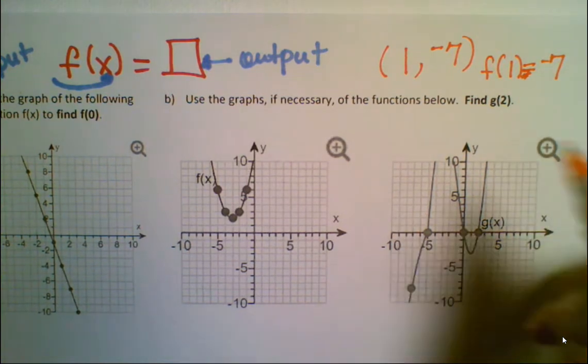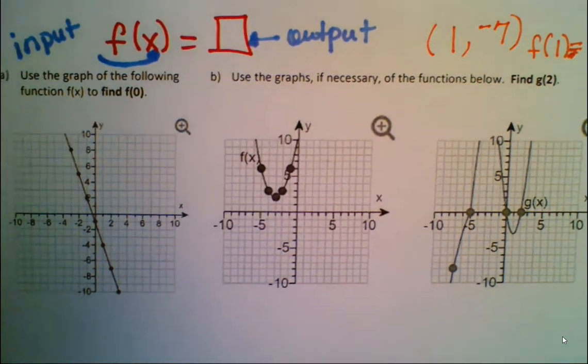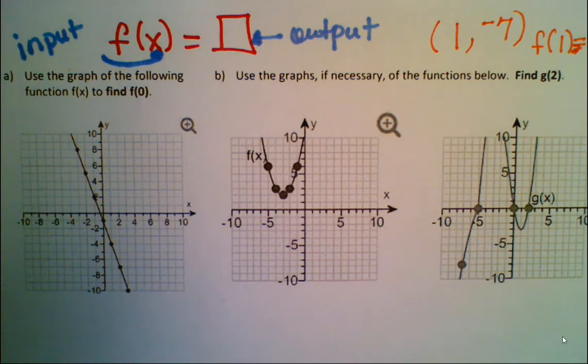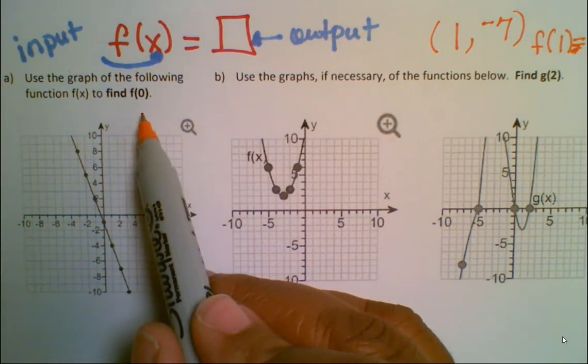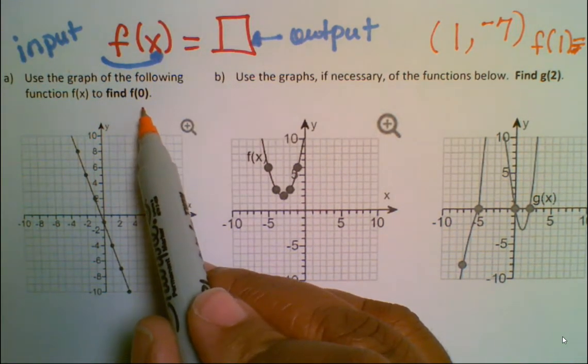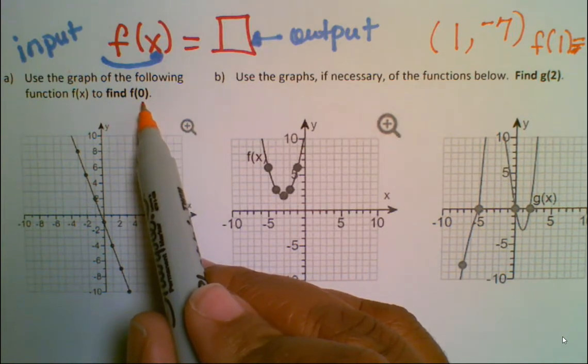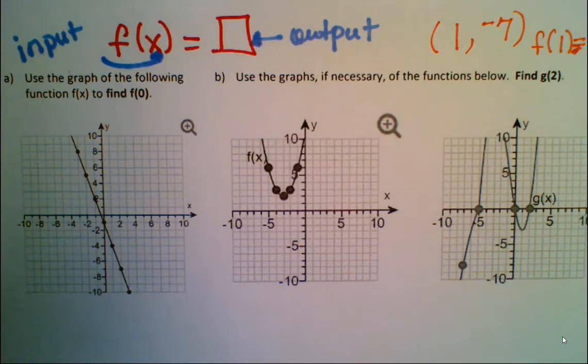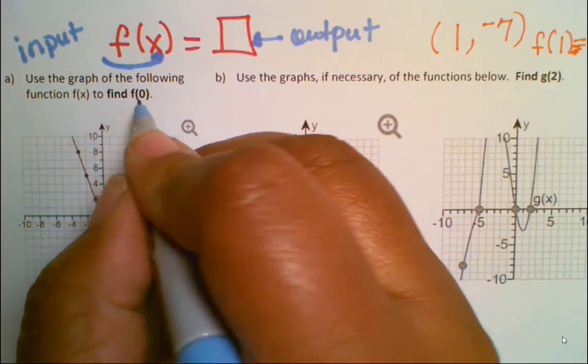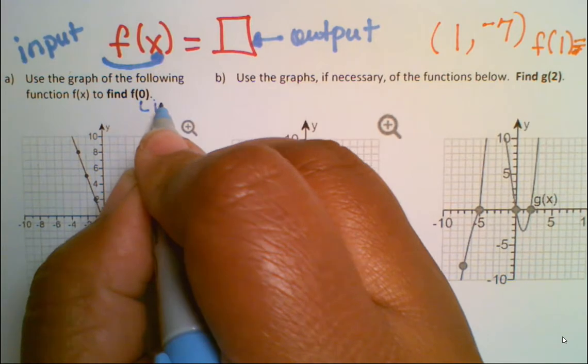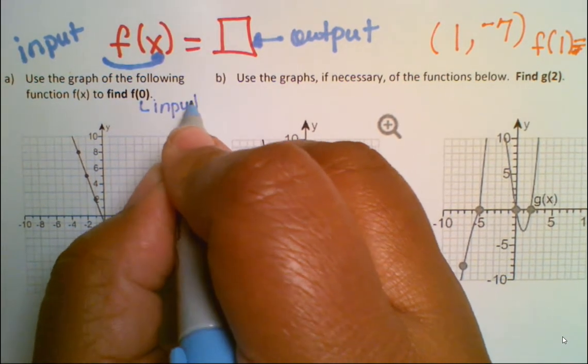So as we look at the graphs that we have here, for A, it says use the graph of the following function f of x to find f of 0. Is this giving us the input value or output? This f of 0 is giving us the input value. This is your input. It's giving us x.